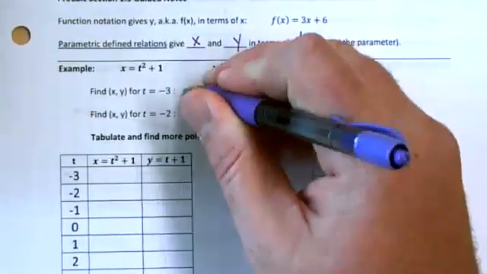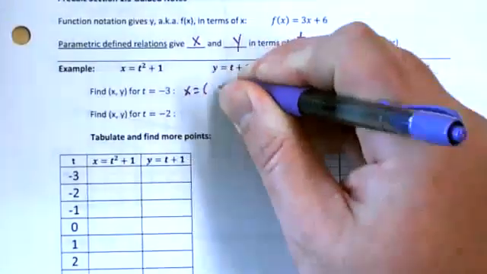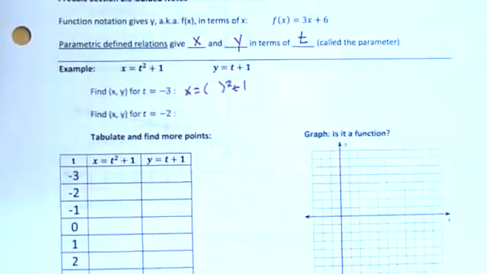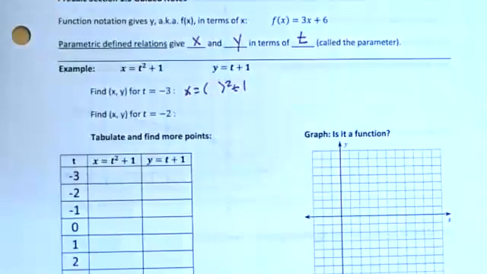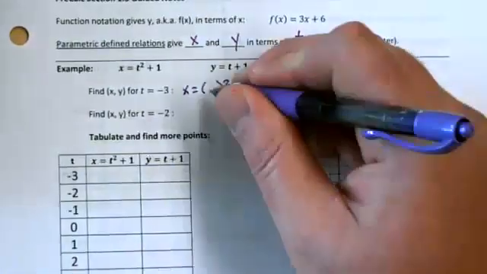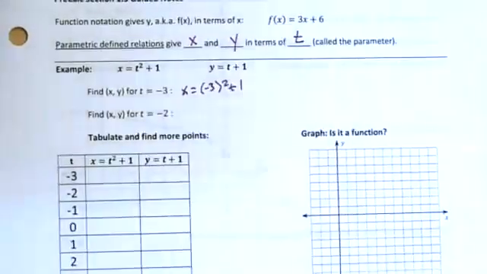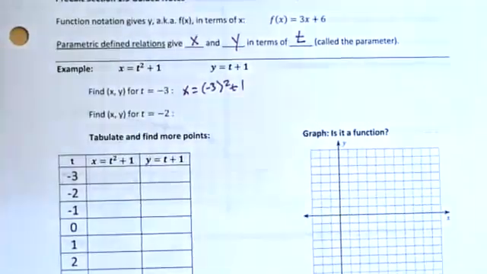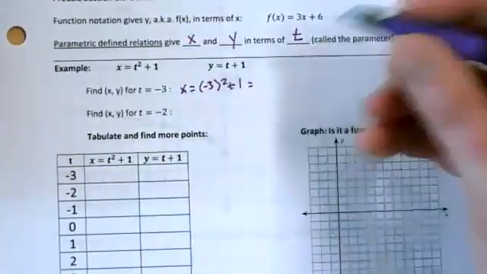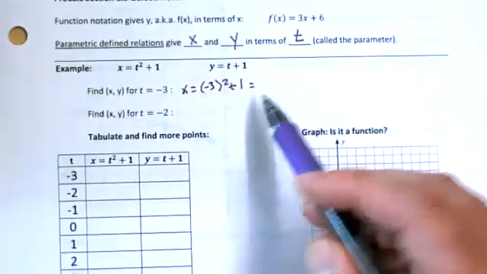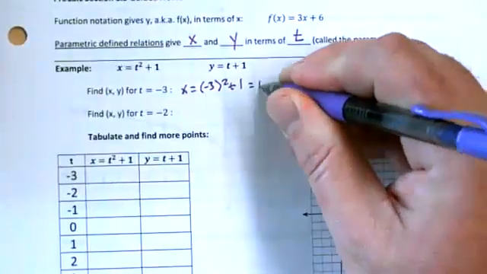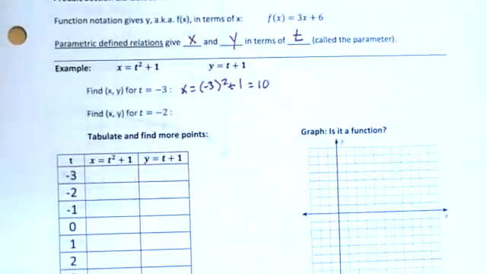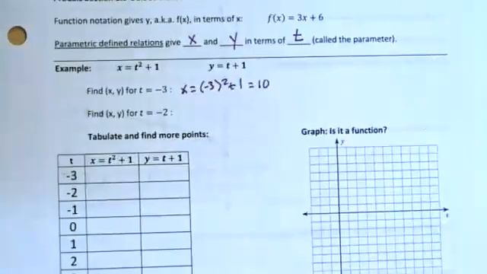So to find my x value, it's just going to be t squared plus 1, and t is -3. So we'll simplify that. Can we do that in our head? What's that? 9 plus 1? 10. And let's find the y value.